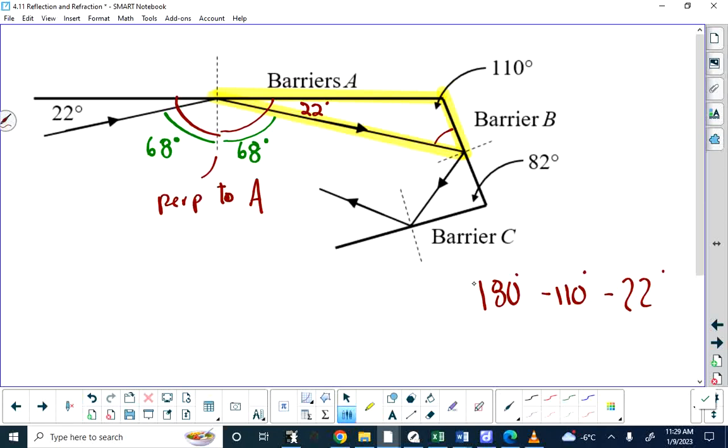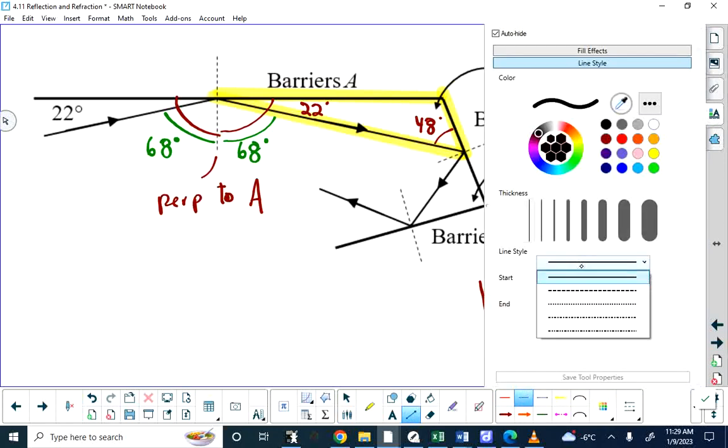Don't let me do all the work. 48. Now, do I have to do the following? Do I have to say, let me get my dotted lines going here.